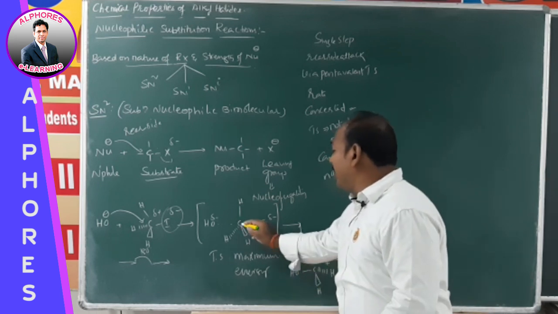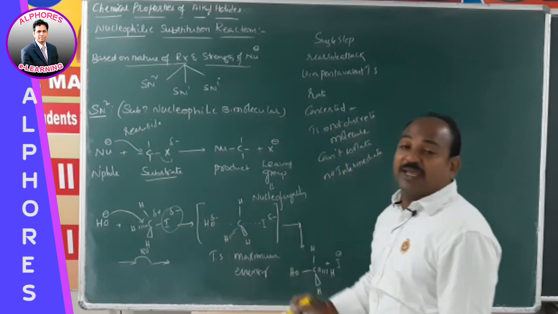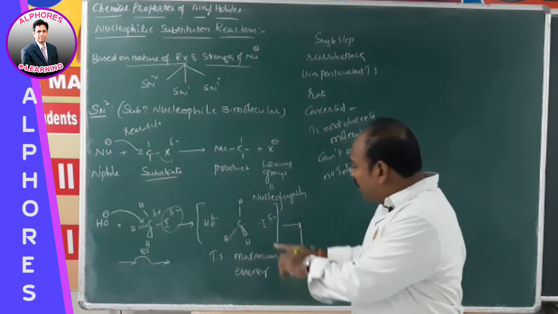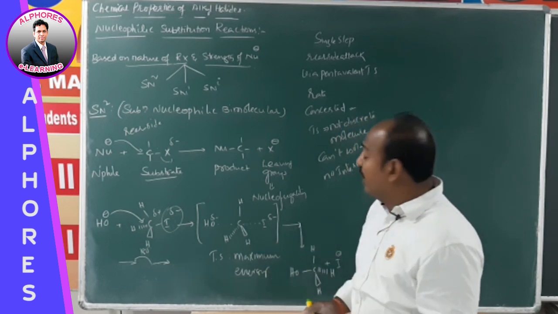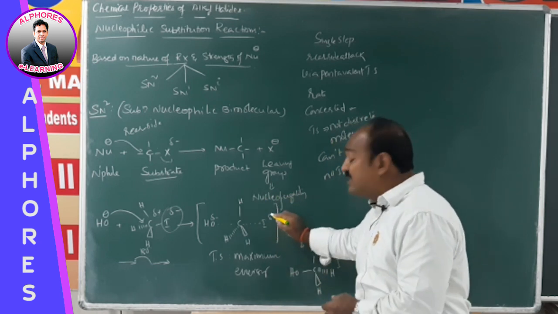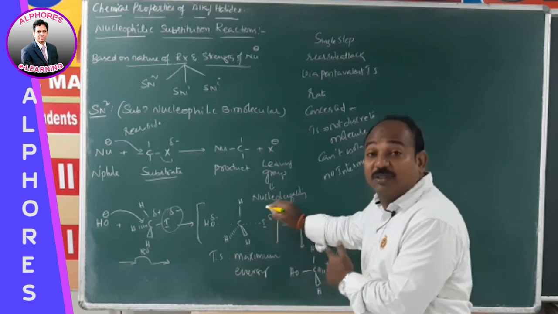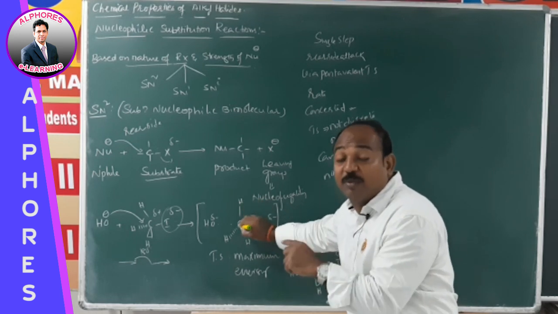Here the departing group is departing as I minus and OH minus is attacking the electrophilic carbon. If you observe here, this carbon does not have any positive charge. Simply when I minus pulls the bond pair of electrons, to whatever extent negative charge arises upon this iodine, the same extent of positive charge arises upon this carbon.